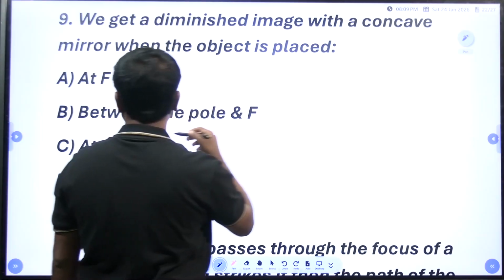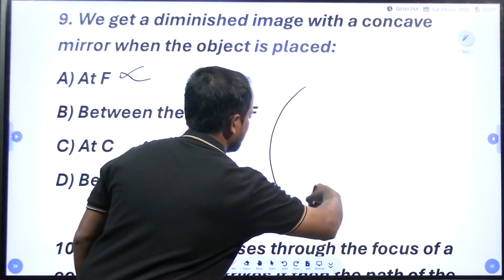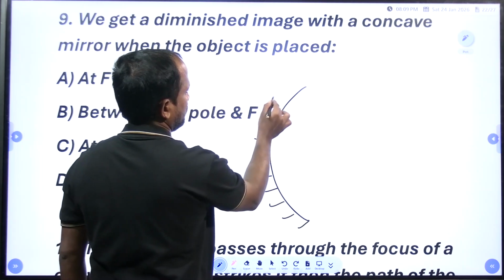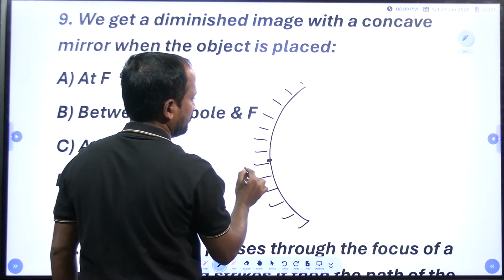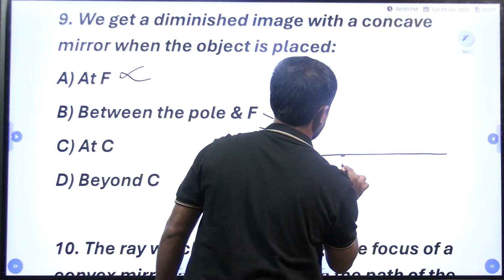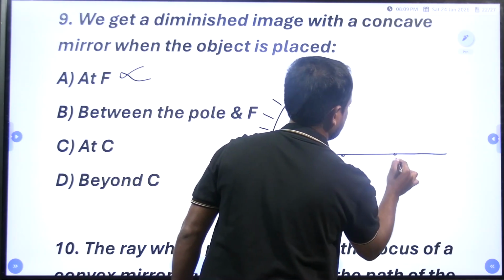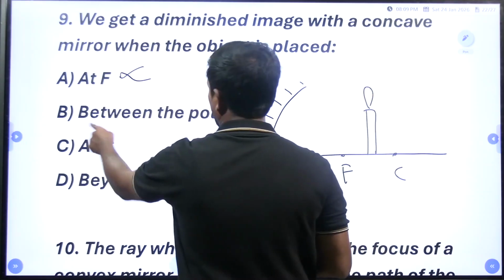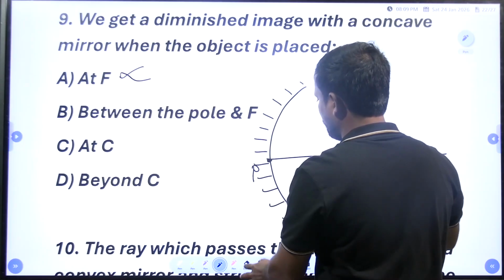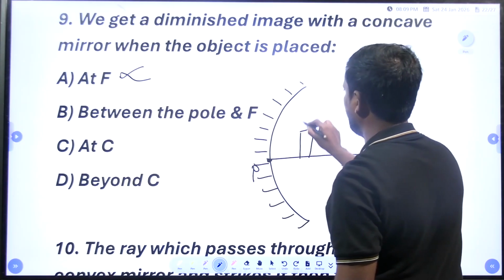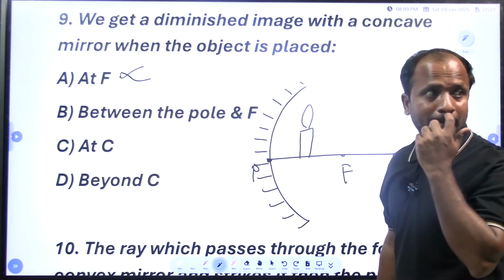Between pole and focus: if you place the object between pole and focus, see here, we already observed in the ray diagrams, focus, center of curvature, between pole and focus, here in the middle you have to take.